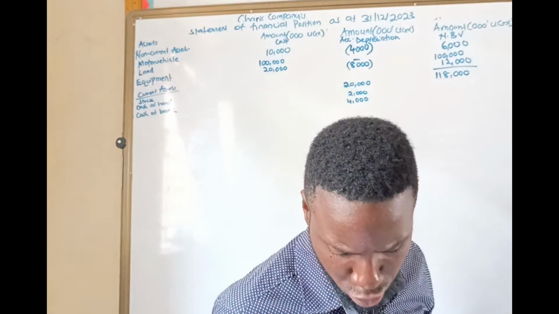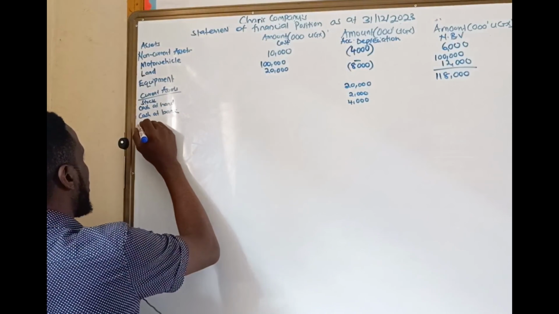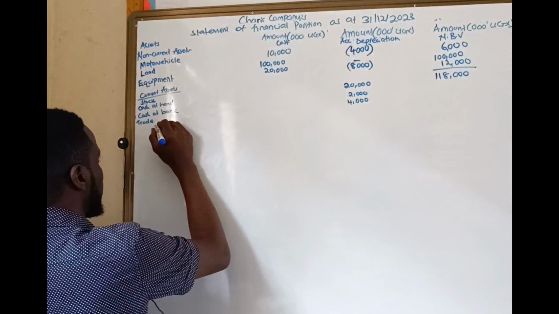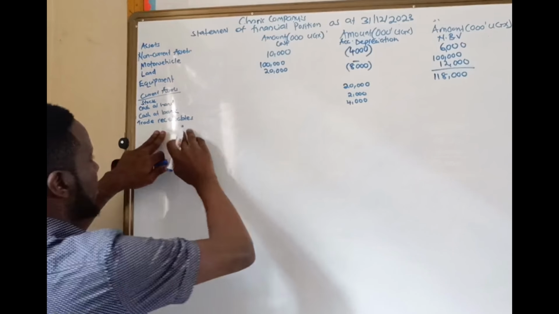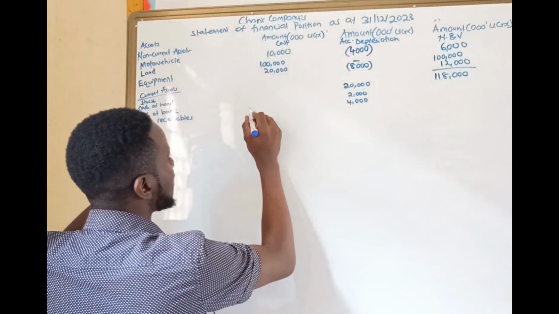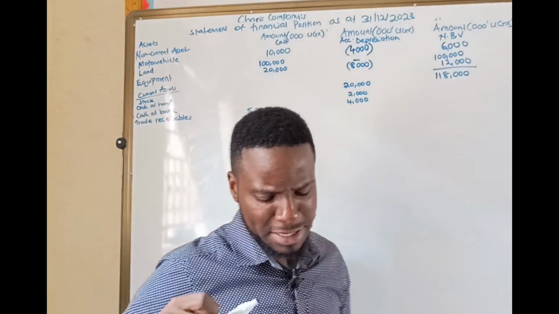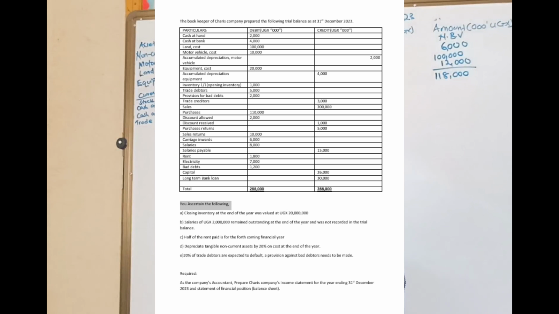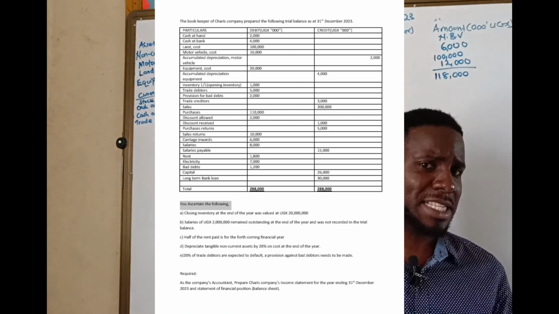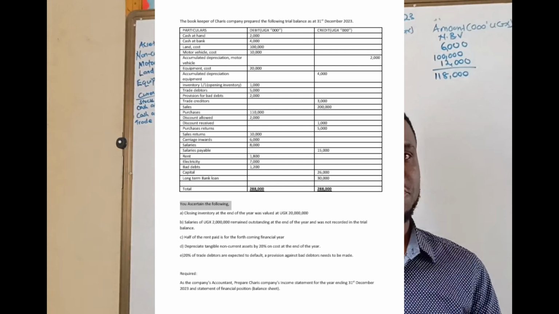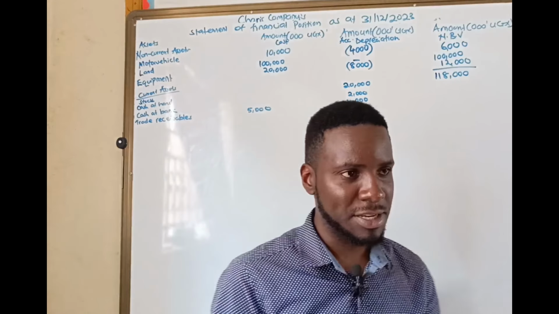Now we have also, remember we talked about the debtors. So these are trade receivables or debtors. Now the trade receivables, the actual amount was 5,000 if you look closely in the trial balance. But then they told us that, remember, there was a provision against bad debts in the trial balance as well. So if there's that provision against bad debts, we are supposed to deduct it from the trade receivables.